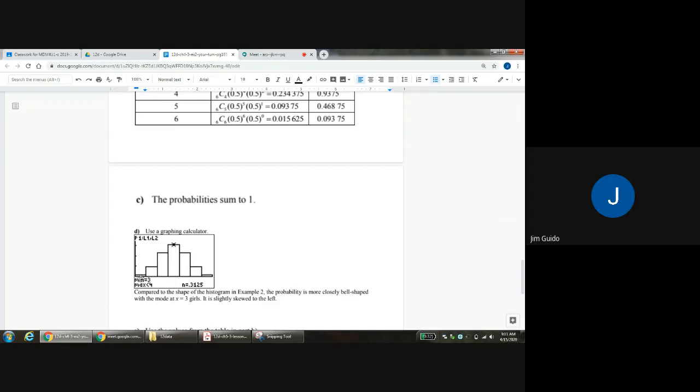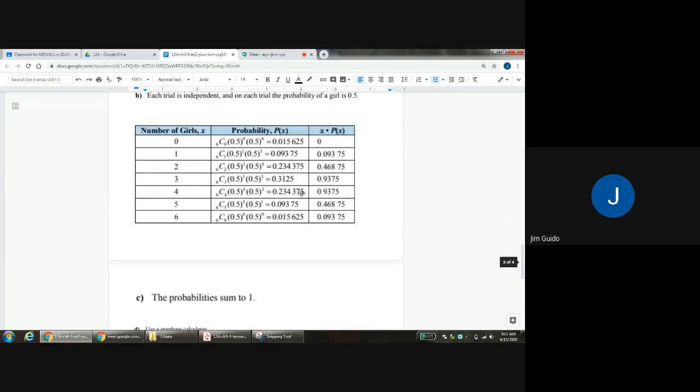The first bar is the 0 successes, then 1 success, then 2 successes, then 3, then 4, then 5, then 6 successes. And we have a histogram that appears to be peaking in the middle. It's slightly off center. The peak is slightly to the right. Notice from the table that we have 7 situations, 7 cases, and the 1, 2, and then 1, 2 off the back.